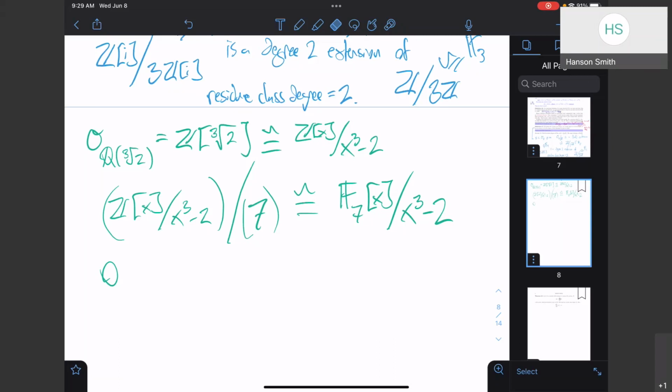Excellent point. Yeah, so you could look at the Z mod 7Z star, the group of units of that field, right? And if you know that's cyclic, then you know that you can pick a generator that has order 6.